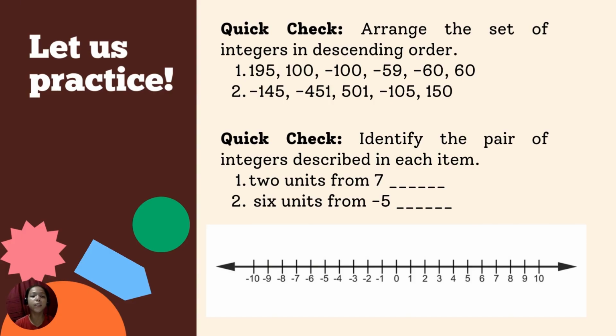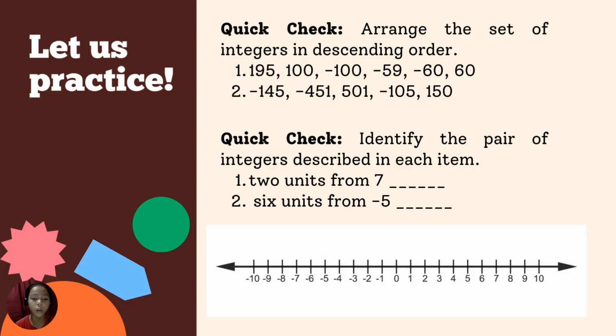Number 2. Negative 145, negative 451, positive 501, negative 105, and positive 150. The answer is positive 501, positive 150, negative 105, negative 145, and negative 451.